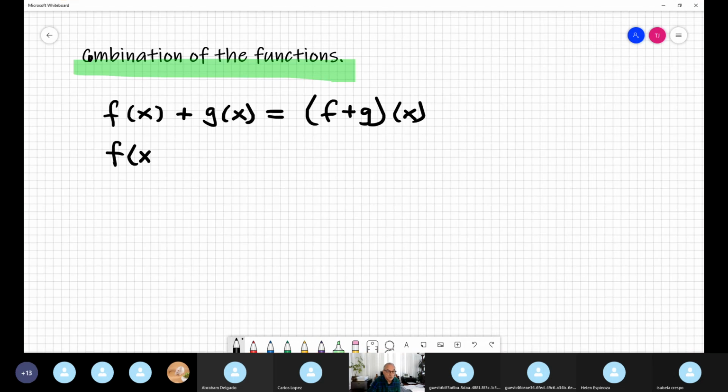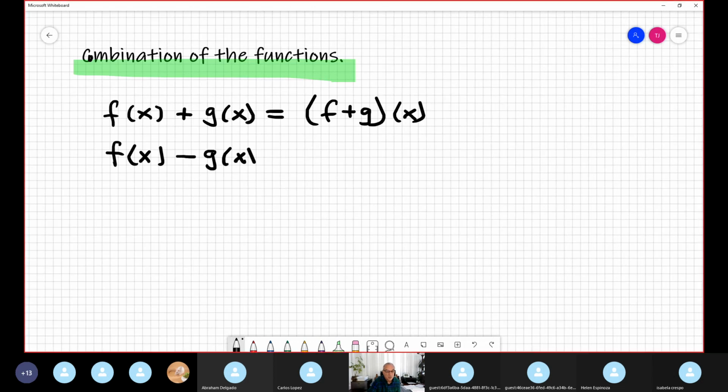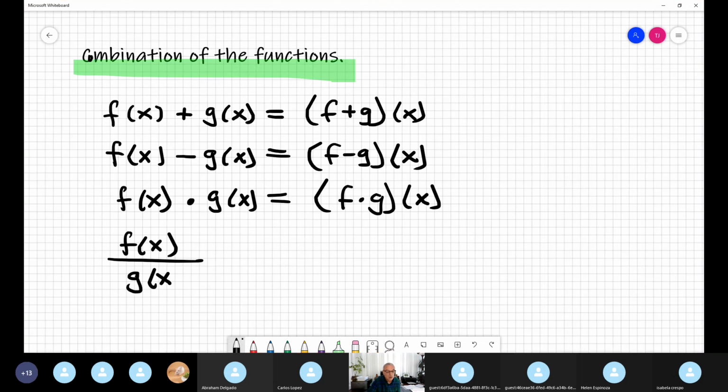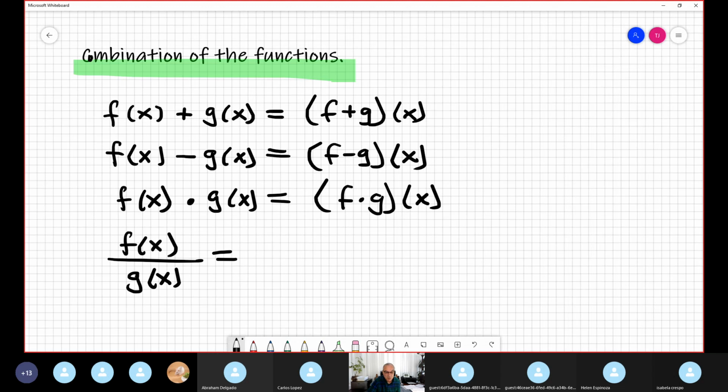Subtraction is the same. The notation is f minus g of x. Multiplication is f of x times g of x, which is f times g of x, and division is f of x divided by g of x, and the symbolic representation is f divided by g of x.